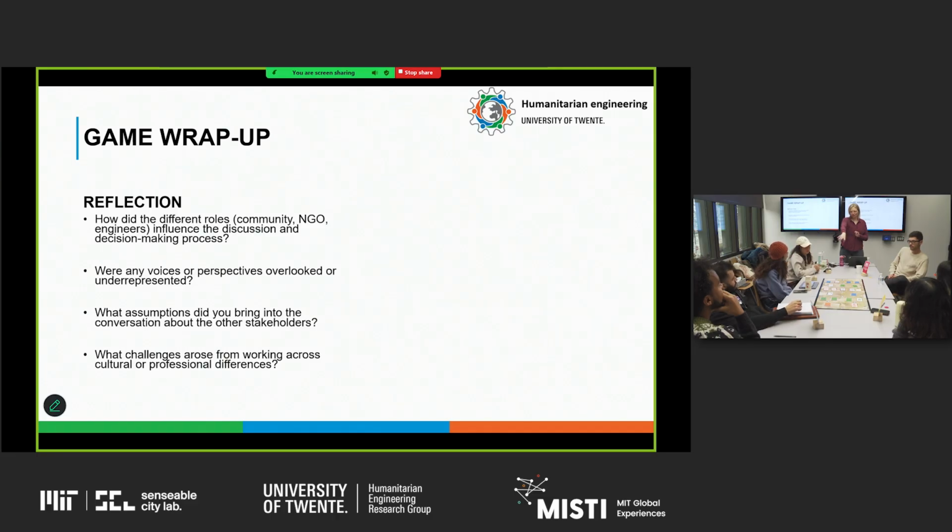So, at least in the third step, if you would have chosen just to prioritize the NGO and the engineers, then of course you miss a lot of contextual knowledge. And then educating is also a good solution, because then knowledge stays and we build up capabilities in the community, and it can lead to employment.